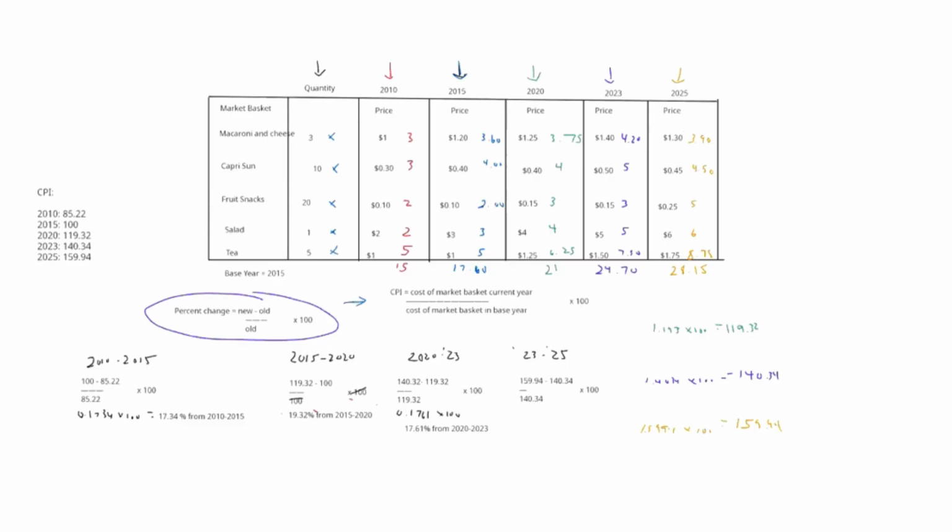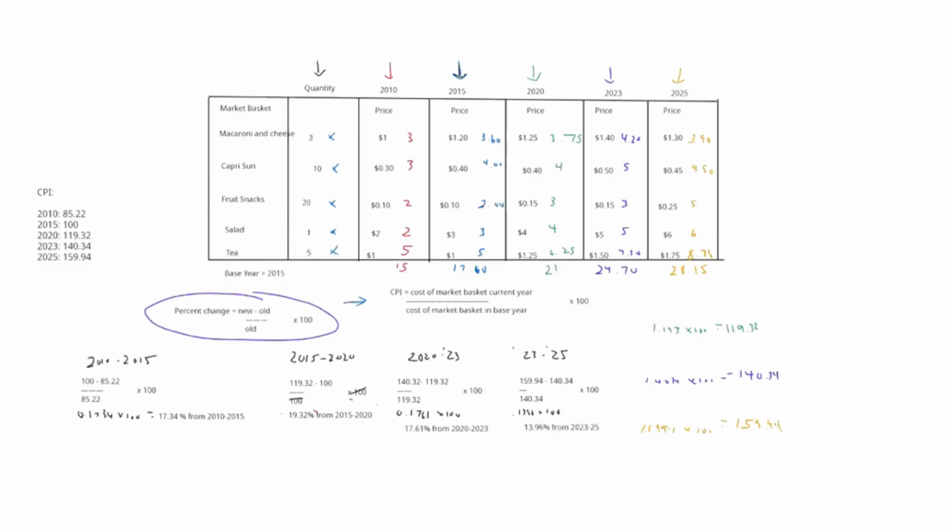So when we do that, we get 19.6 divided by 140.34, which gives us 0.1396. So we get 0.1396 times 100, and that gives us an inflation rate of 13.96% from 2023 to 25.